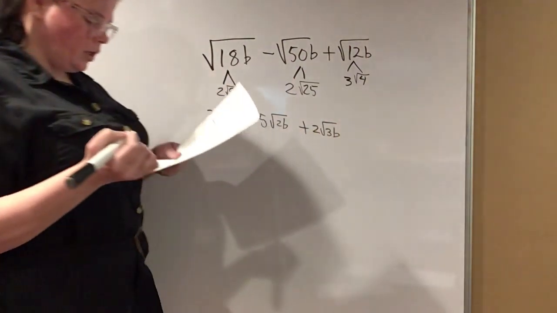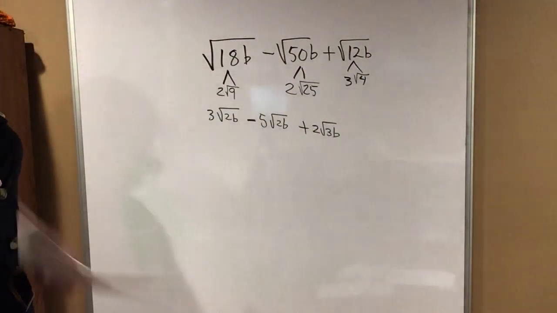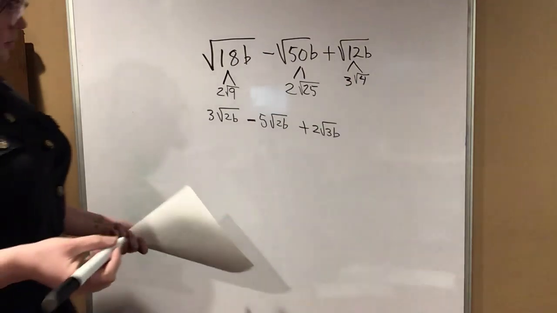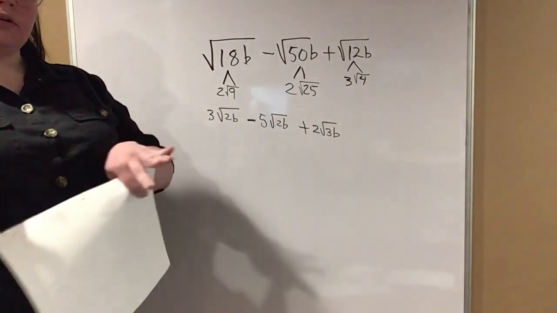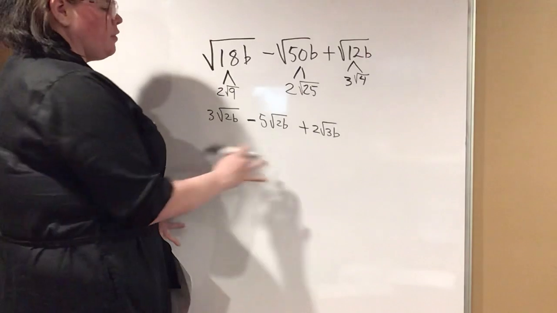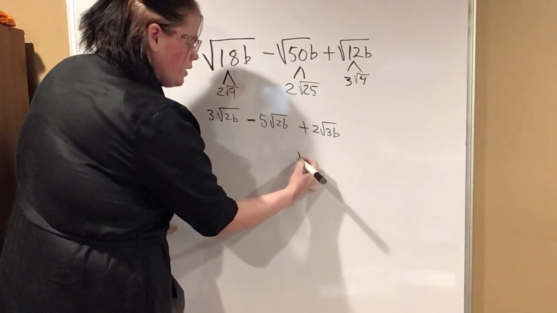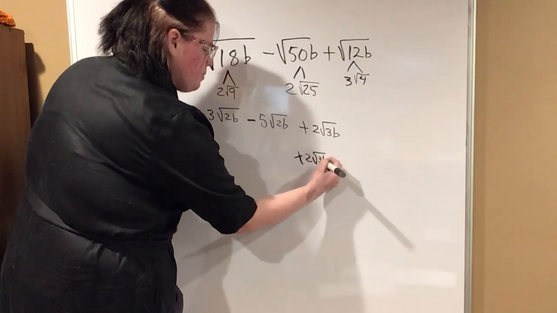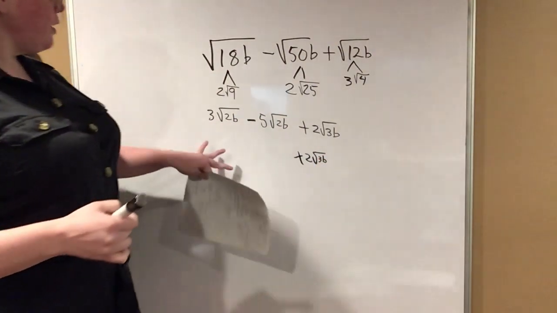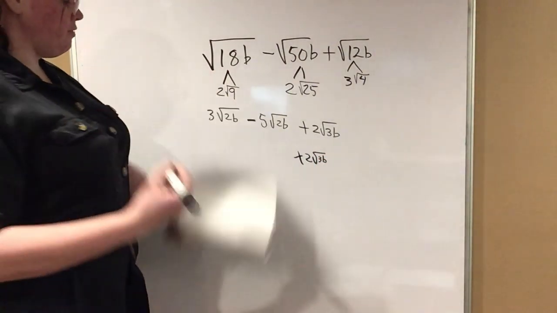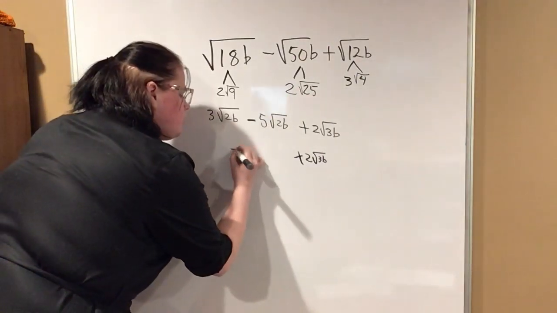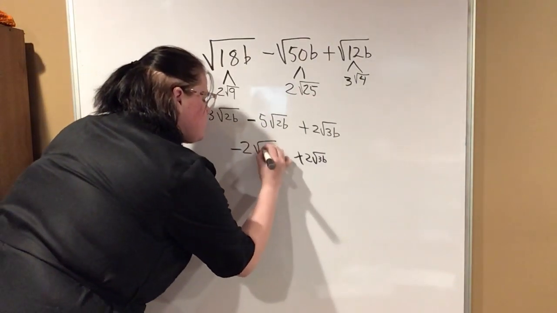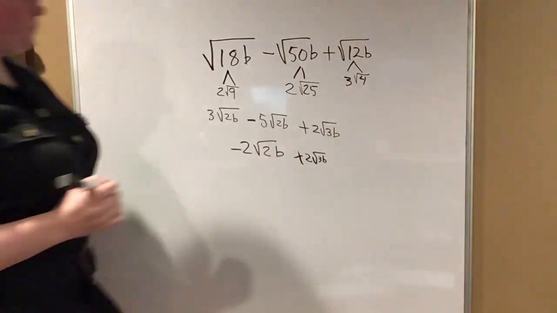Well, we're going to combine some of our like terms. What are our like terms? Like terms have the same number underneath the radical. So this one is not going to go anywhere. It is its own separate entity because it's a 3b, not a 2b. So now we're just going to do 3 minus 5, negative 2 square roots of 2b.